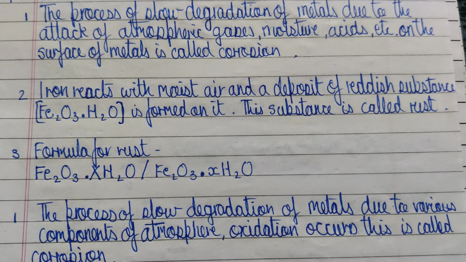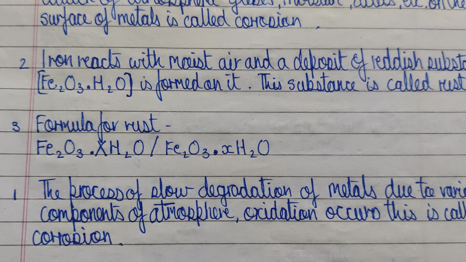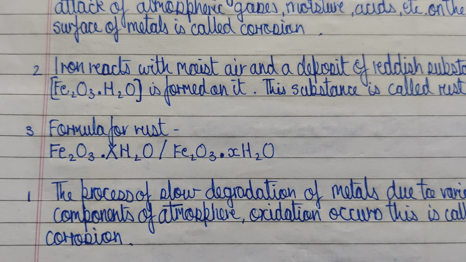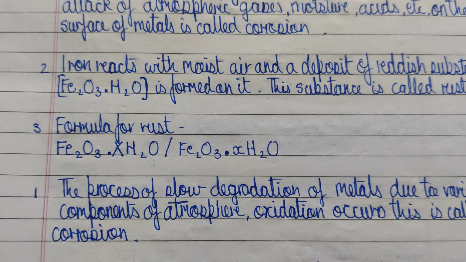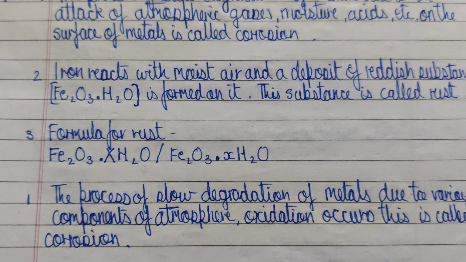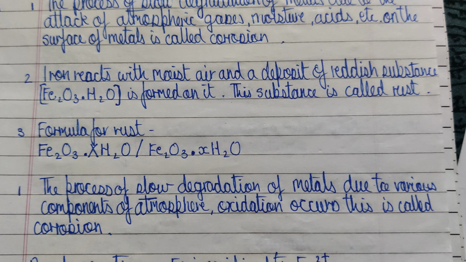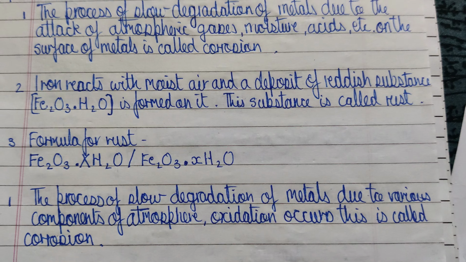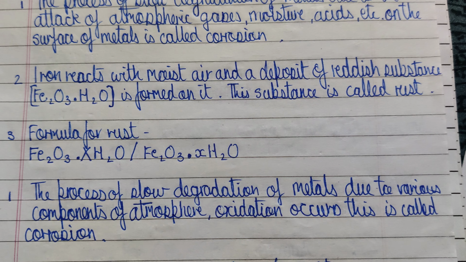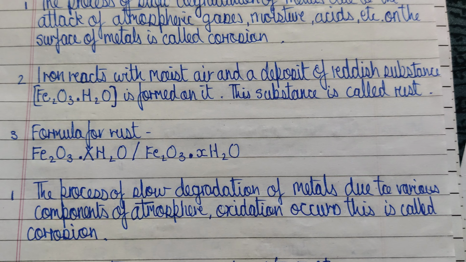This substance is called rust. Formula for rust: Fe2O3·xH2O. The process of slow degradation of metals due to various components of the atmosphere, where oxidation occurs, is called corrosion.